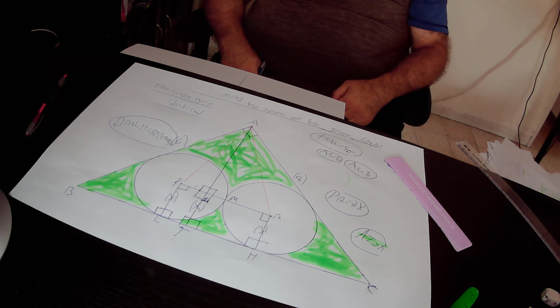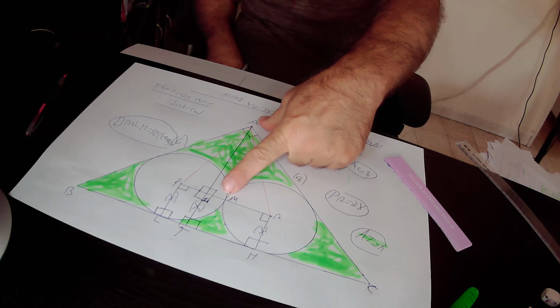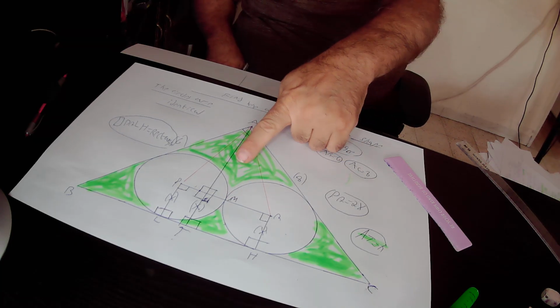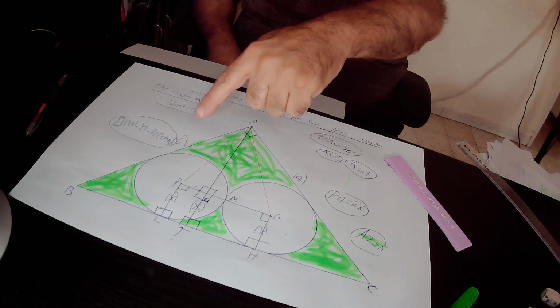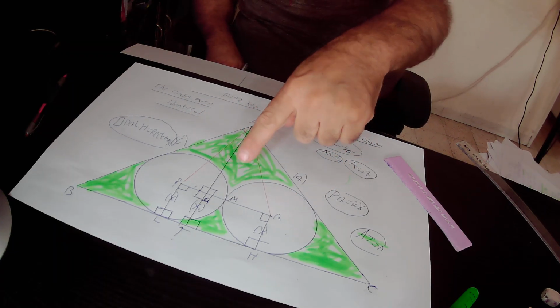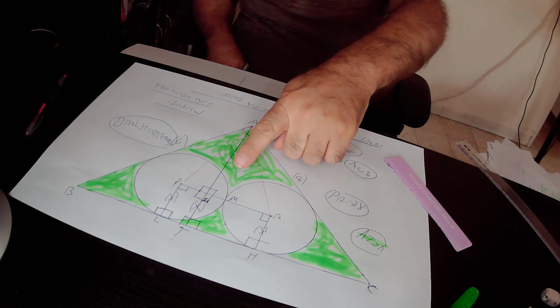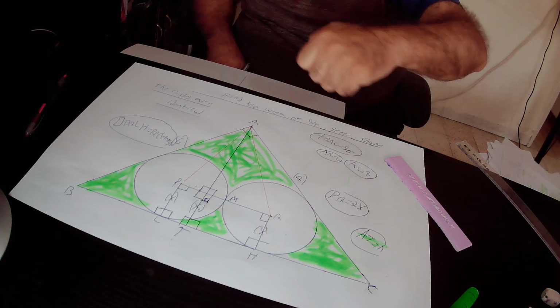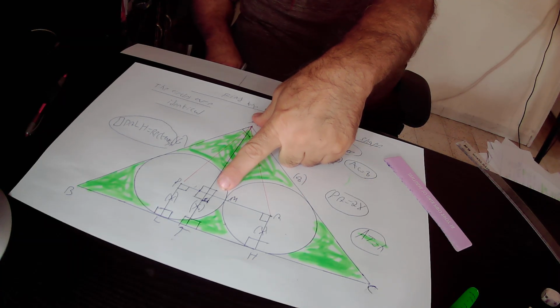So, what is the length of AG? AG is actually the height to the base of triangle APQ, because it creates 90 degrees with the base PQ. What is the length of the height AG?